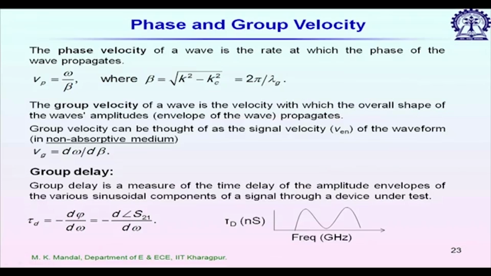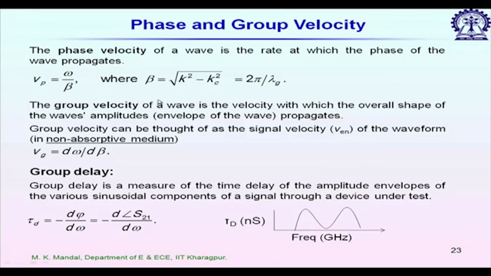If it propagates through a dielectric medium of dielectric constant epsilon r, then approximately lambda g is equal to lambda naught by square root of epsilon r. So, it becomes a function of the dielectric constant.